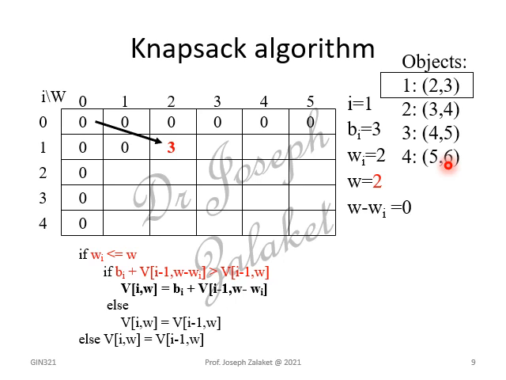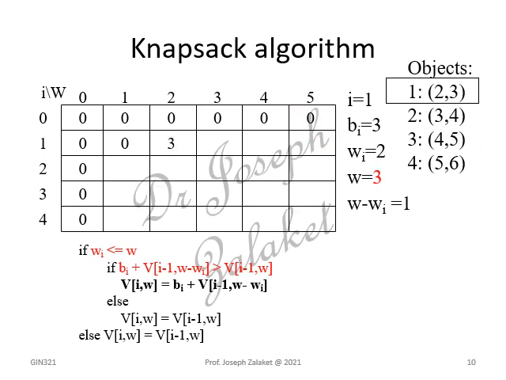If we continue for the rest of the values, in fact, for sure we'll have the benefit 3 for all of them, because here we have only one object, and we have a benefit which is greater than 0 for all the capacities, remaining capacities of the knapsack.